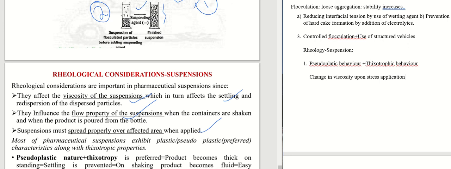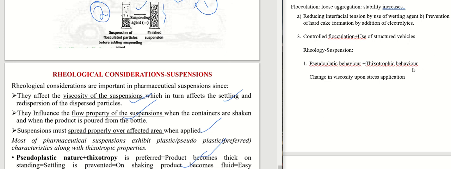Right? Hence, when we keep the product aside, it should be thick so that a complete settling is not seen, rather flocculation is seen. And upon shaking, it becomes less viscous and it helps in easy pouring and correct dosing.